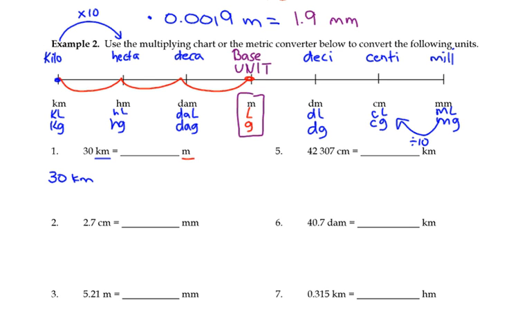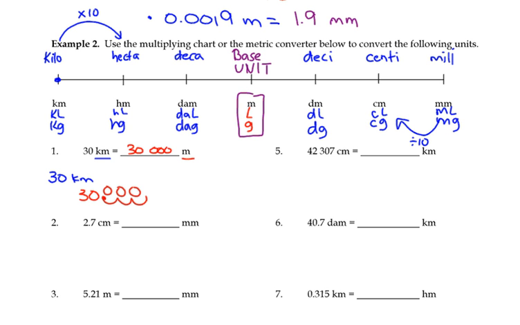Okay? So since I moved 3 to the right, we add 3 zeros. Because when you start with 30 and your decimal place is right here, if I move 3 to the right, you're going to add zeros in those spots. Okay, so 30,000 meters.